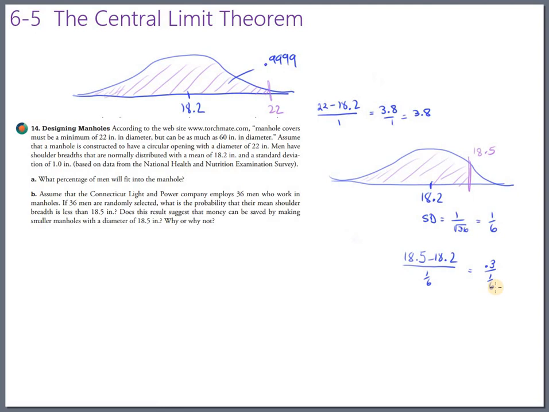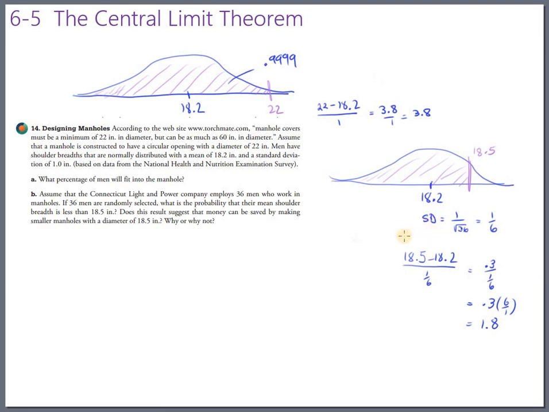And let's see if I could grab the calculator at this point. Nothing wrong with that. But dividing by a fraction means flip and multiply. So 0.3 times 6 is 1.8.